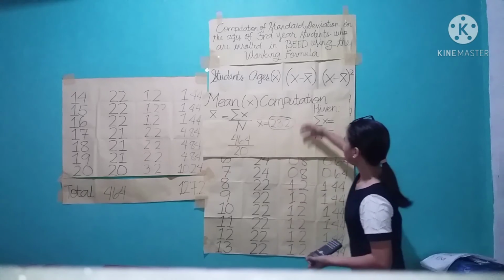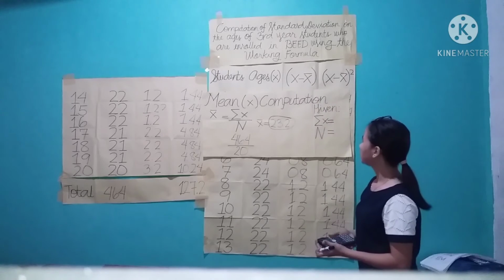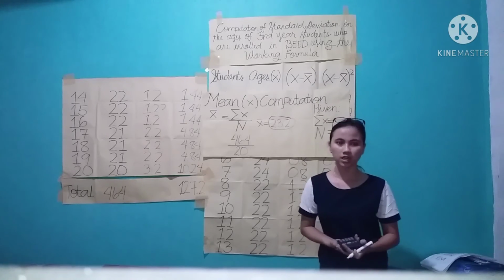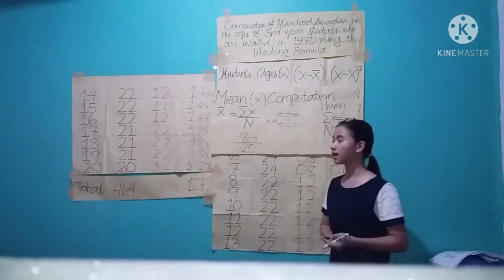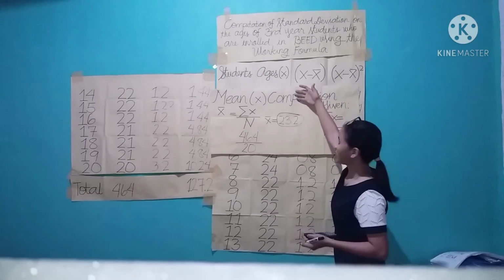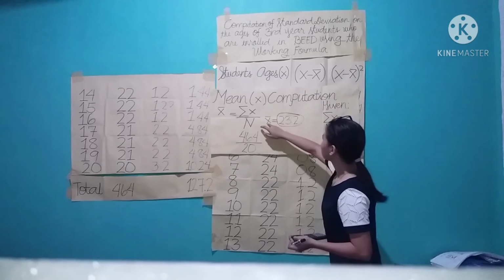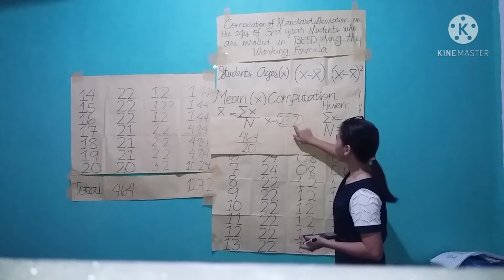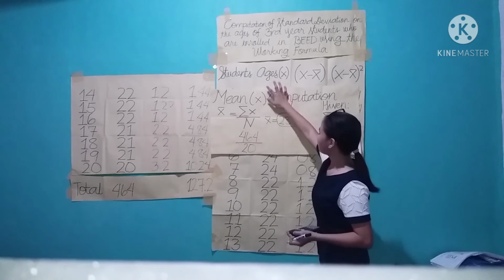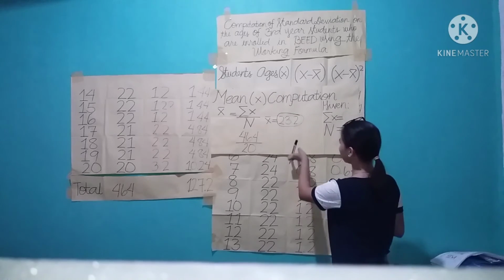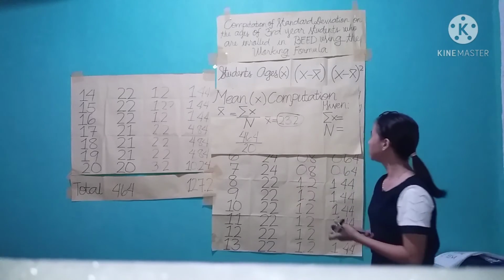What is the answer in this portion? To get the arithmetic mean minus scores, take the 23.2 minus the age.